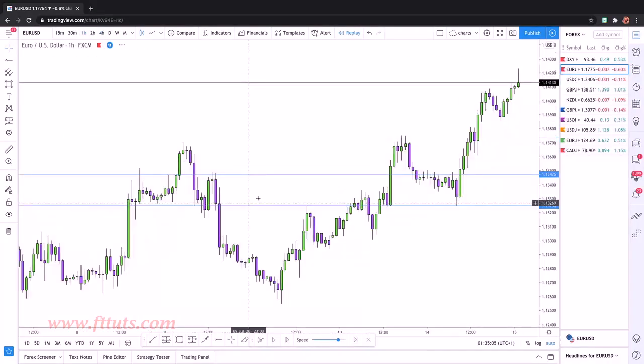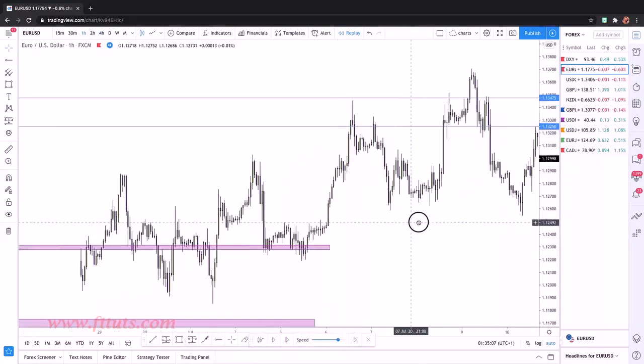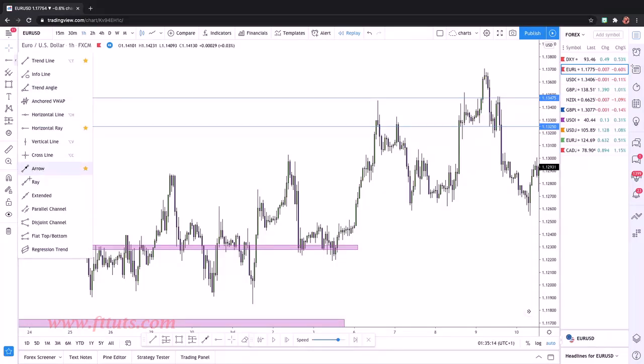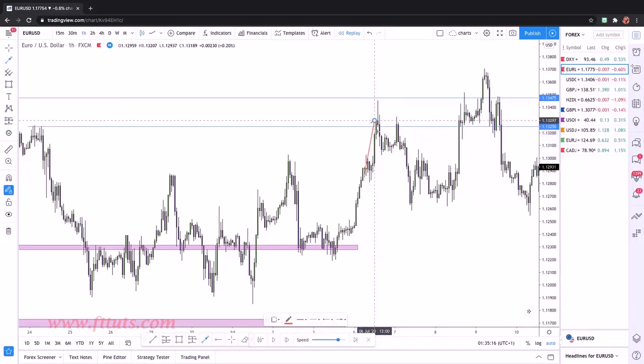So here, I'll show you. So this is what happens. Comes up, makes an M pattern, rejects, and down.